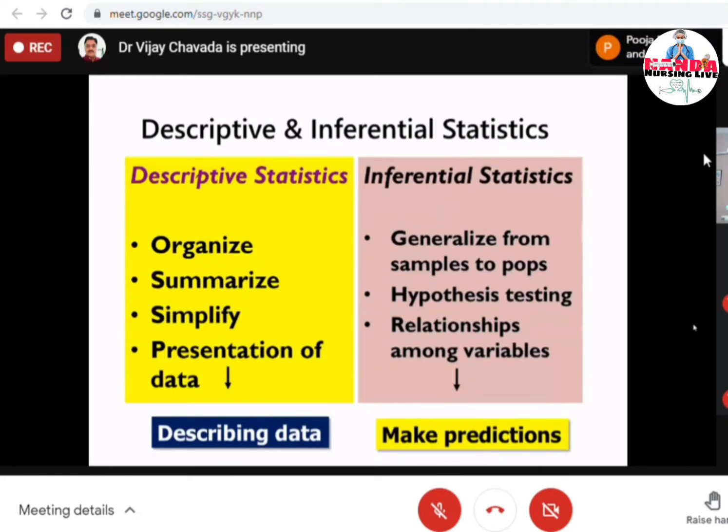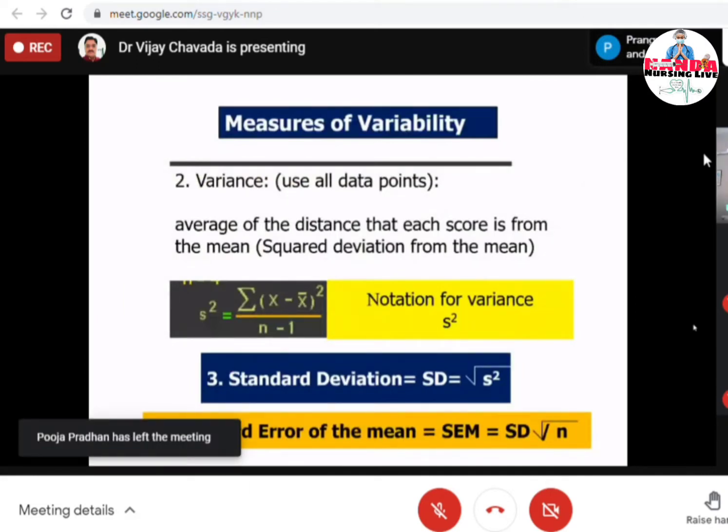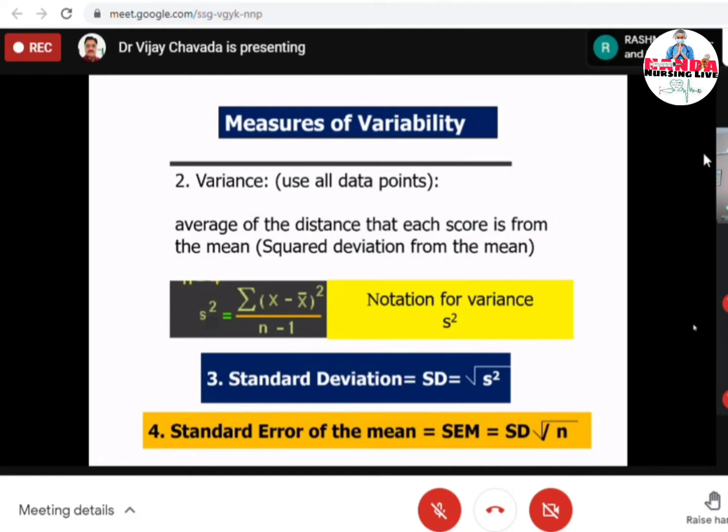So descriptive statistics, we understood what it is. Under the measures of variability, secondly, the variance is nothing but the average of the distance that each score is from the mean. In short, it is referred to as squared deviation from the mean.